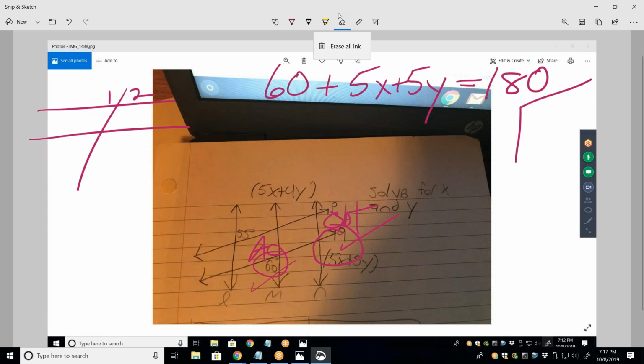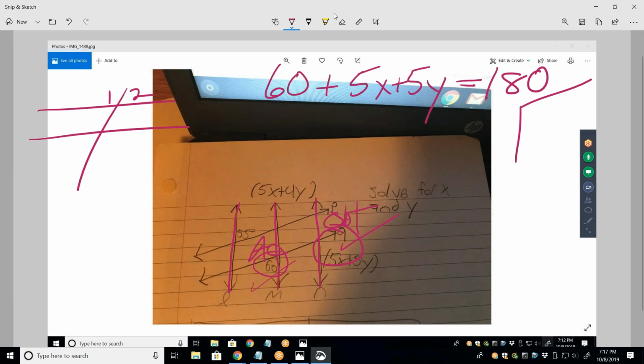Now, we want to solve for x and y. Well, my eraser isn't working here at the moment. What else do we know? Because we have three parallel lines. We have that one, we have that one, and we have that one.